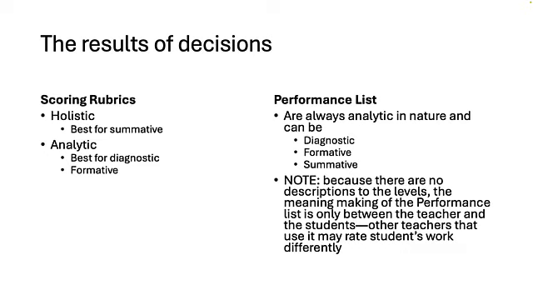Analytic rubrics are for formative and diagnostic feedback. Performance lists are always analytic in nature and can be diagnostic, formative, or summative. But note, because there are no descriptors to these levels, the meaning making of the performance list is only between the teacher and the students. Other teachers that use it may rate students' work differently.